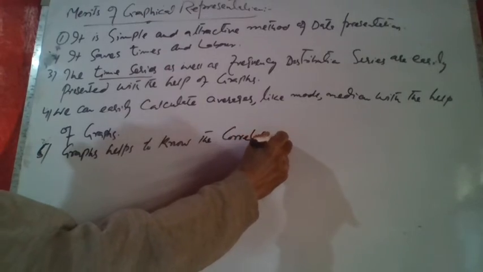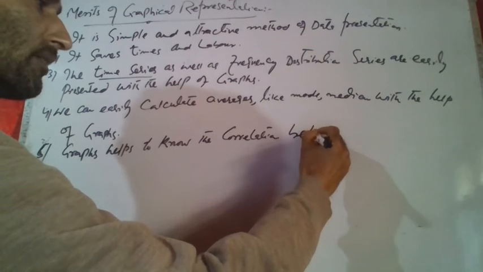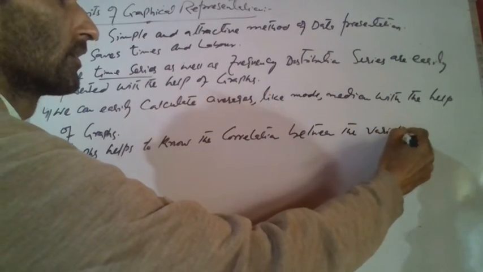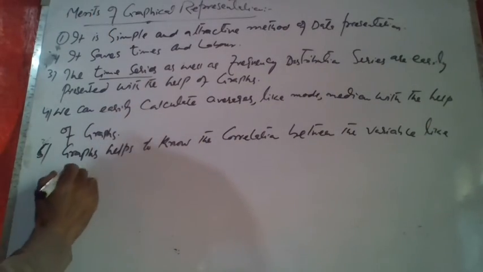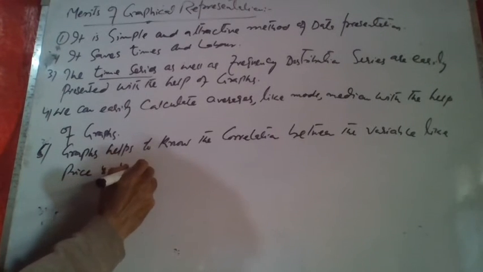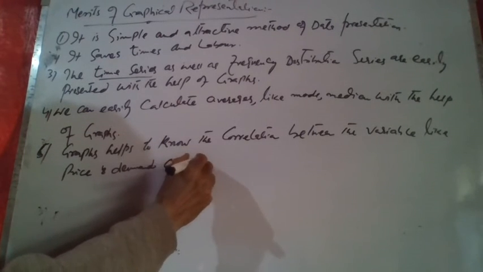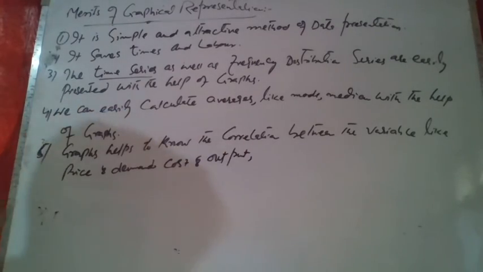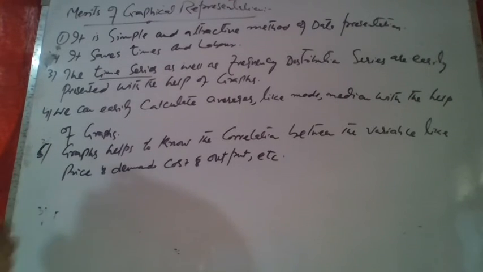We can know the correlation or relationship between the variables, like we can see the relation between price and demand, cost and output, etc. So we can establish the relationship between the variables.